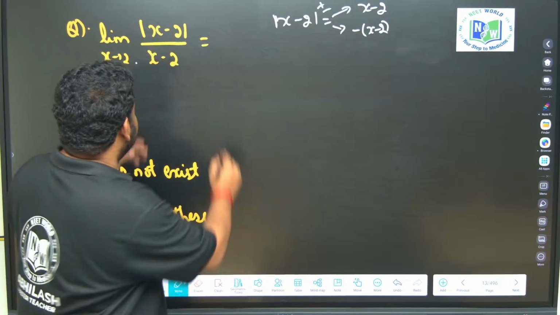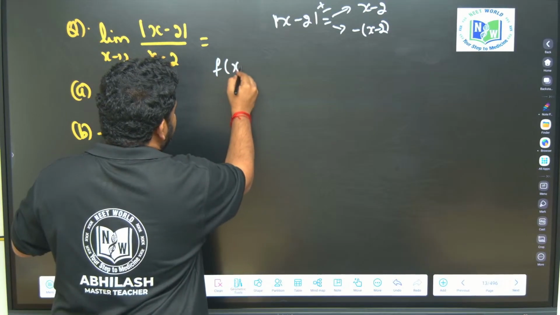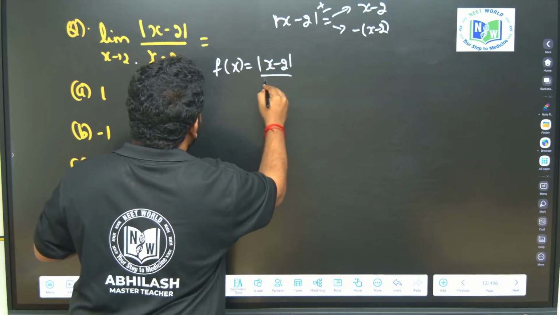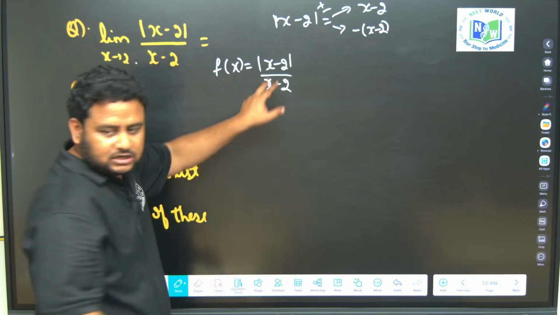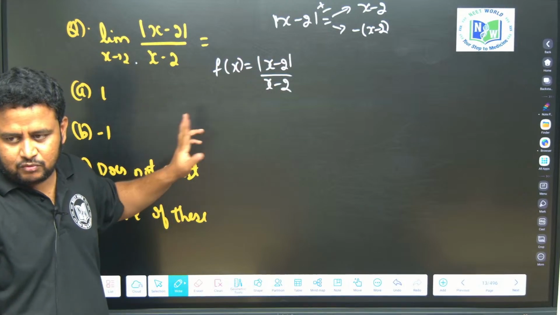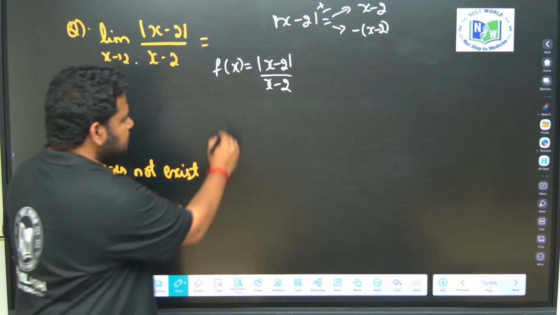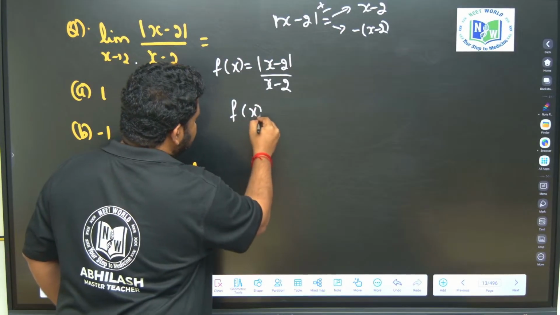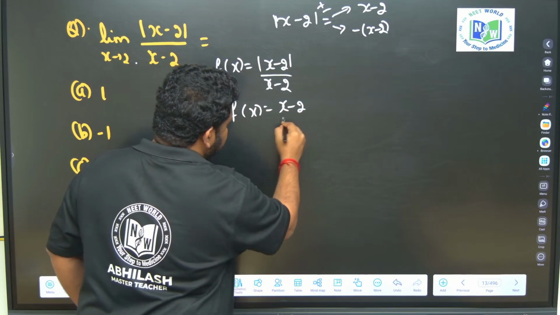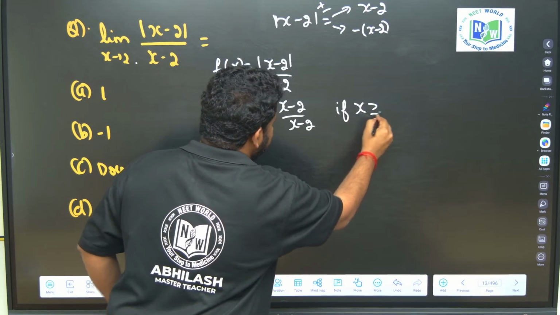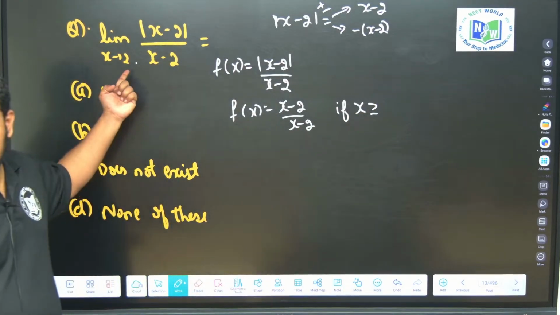So this I will put it here. What is f of x that we have here? F of x is modulus of x minus 2 by x minus 2. Now I have to split this and write it. So f of x is equal to x minus 2 by x minus 2 if x is greater than or equal to, what is the limit they have given? X tends to 2.